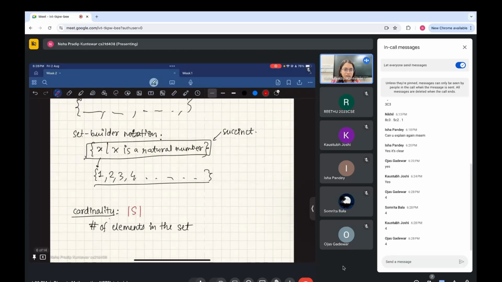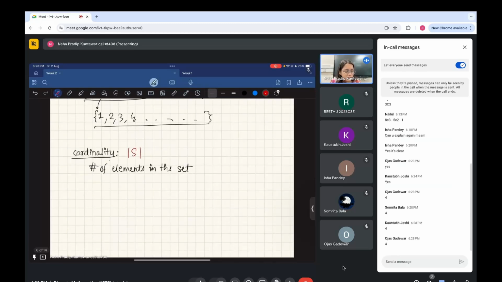I'll just define one more notation called belongs to, which is denoted by the symbol epsilon. Say you write x belongs to set S if x is contained in the set.